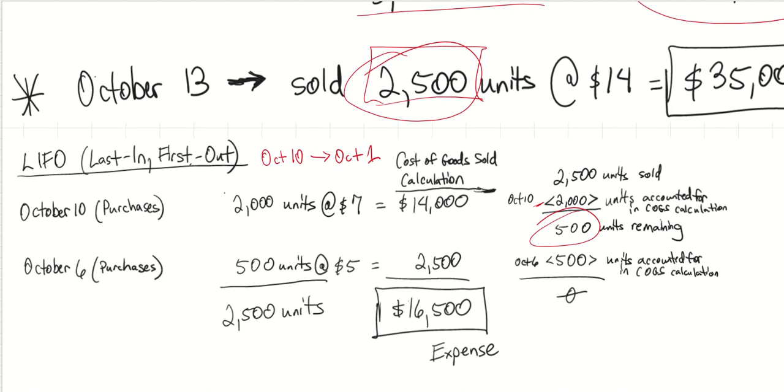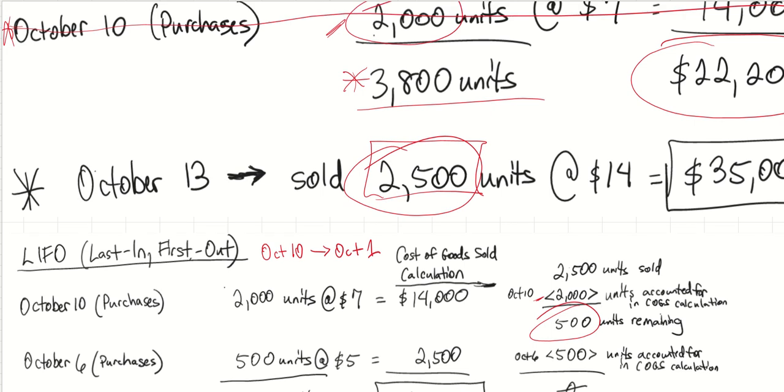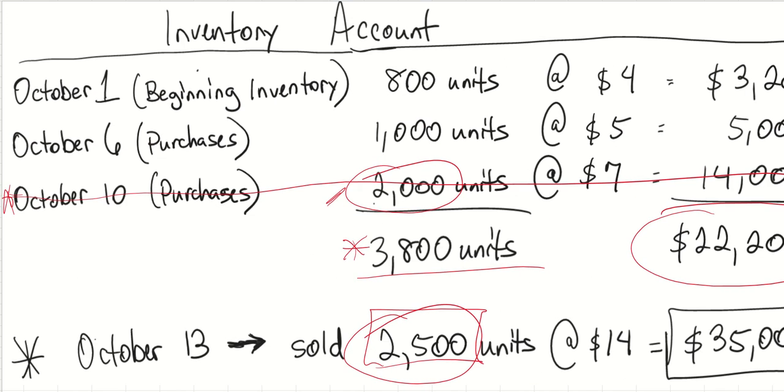Next, we're going to drop down to October 6th, or drop up, whichever way you want to look at it. Here, we're going backwards. Now we're going to pay attention to October 6th. From these 1,000 units, we only need 500 units because that's what's remaining to be included in the cost of goods sold calculation.